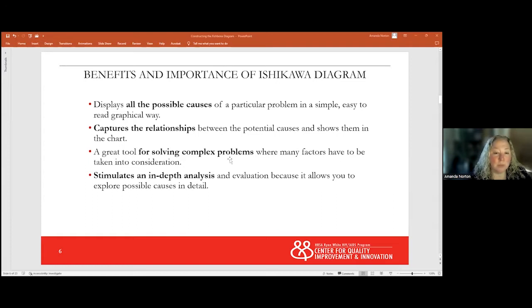And it stimulates really in-depth analysis. It allows you to dive deeper and find out what's going on specifically for this problem and specifically within your organization. I know you all have received enough quality improvement training at this point to know that one of the foundational principles of quality improvement is every system is perfectly designed to get the results that it gets.